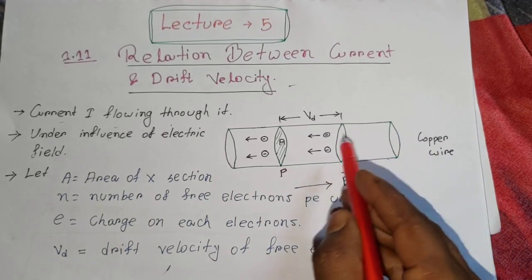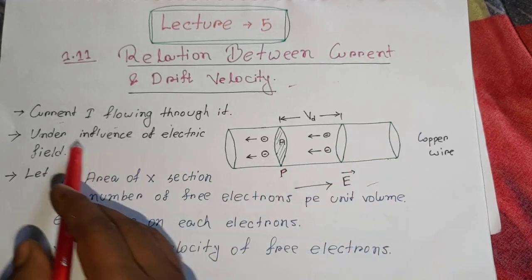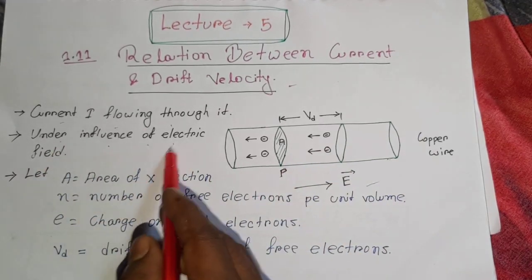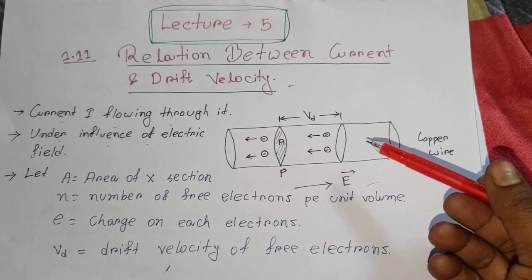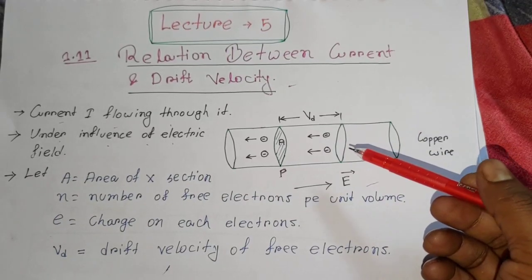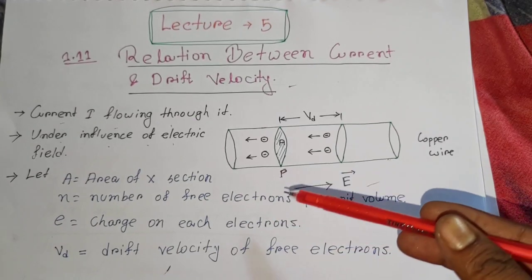If current is flowing through any metal, that means the metal is under the influence of an electric field, meaning voltage is applied to it.